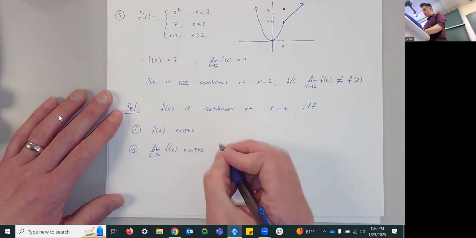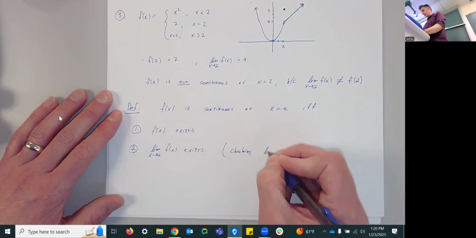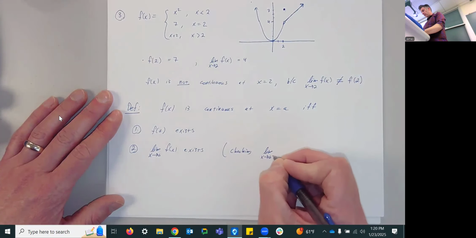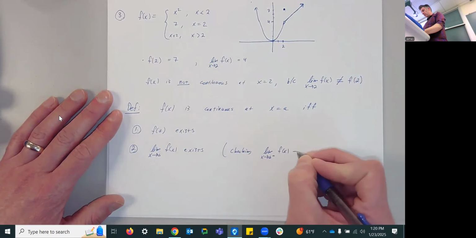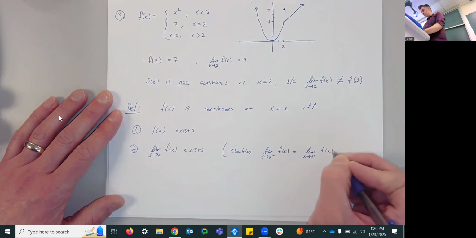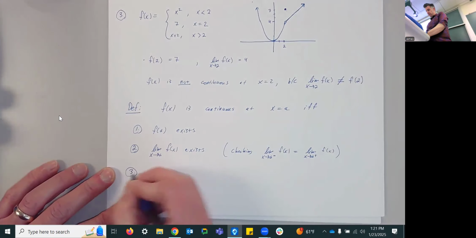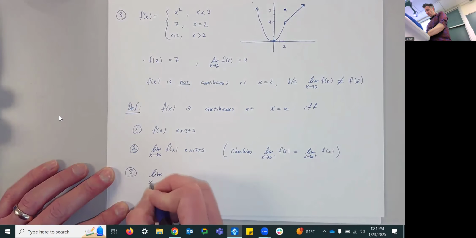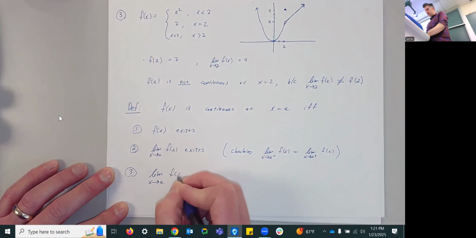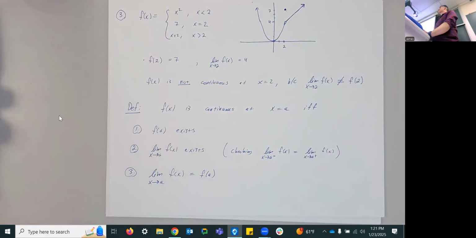So often this means checking that the limit as x approaches a from the left of f of x is equal to the limit as x approaches a from the right of f of x. Thirdly, and most importantly, they have to be equal to each other. The limit as x approaches a of f of x has to exist and be equal to f of a, which also has to exist.